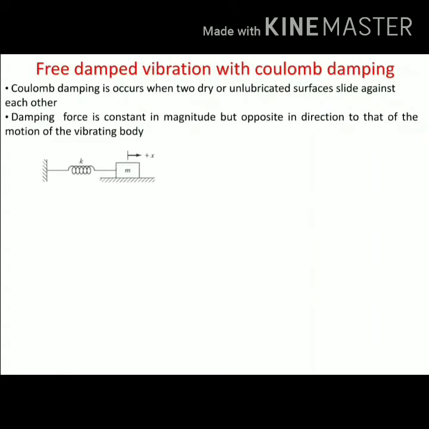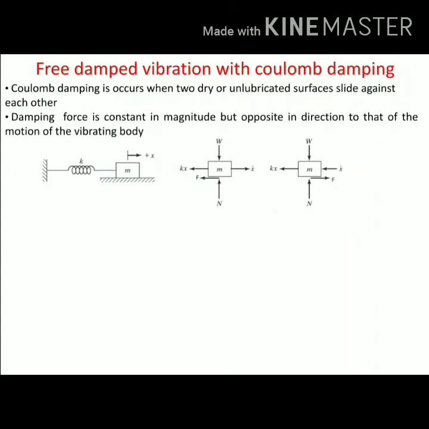So we consider a spring mass system with mass sliding on a dry surface. Let μ be the coefficient of friction between the two surfaces. In a half cycle, the mass moves from left to right, and in the other half cycle the mass moves from right to left. So first we see the mass moves from left to right.